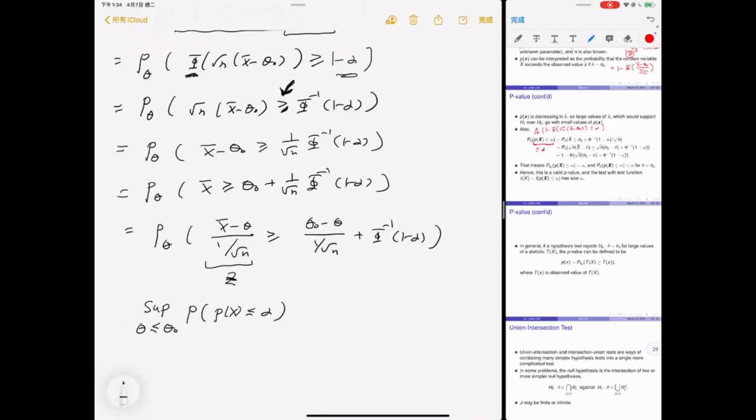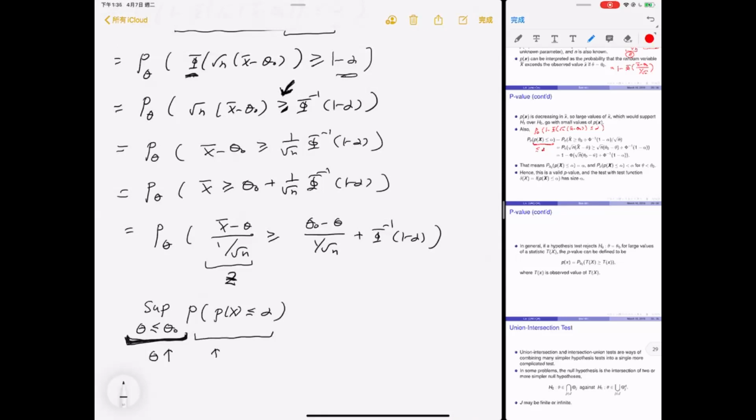So that means, of course, I want to evaluate whether or not that supremum happens at the boundary. As long as my theta is getting bigger, is my whole probability getting bigger or not? If the whole probability gets bigger, then the supremum is at the boundary. The answer is yes, right?